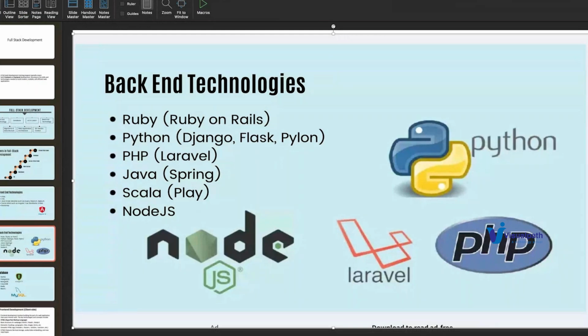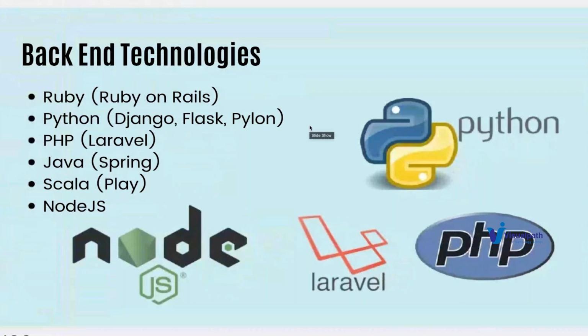There are a lot of frameworks, like Ruby on Rails. You would have heard about Python, PHP, and Java. Java nowadays we mostly cover with Spring Boot. Then you have Scala and Node.js. Most widely used are Java and Node.js.